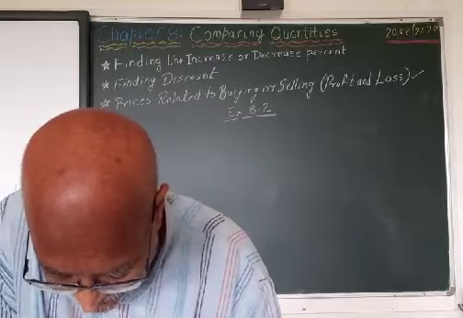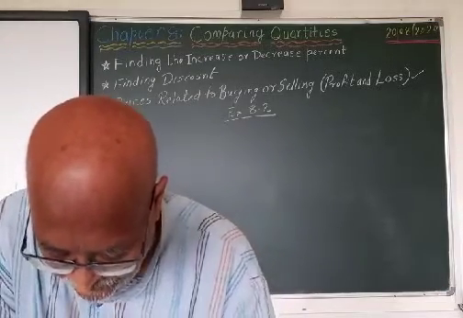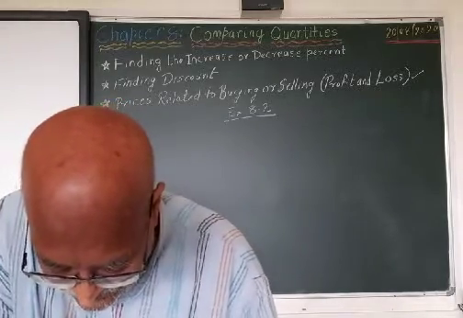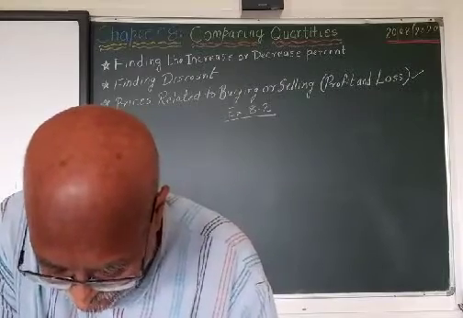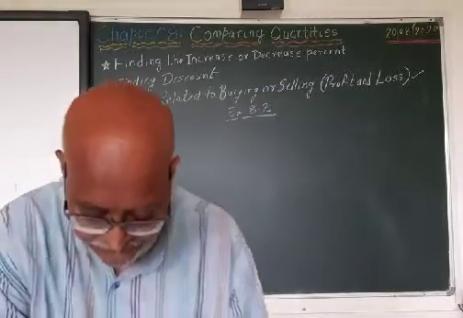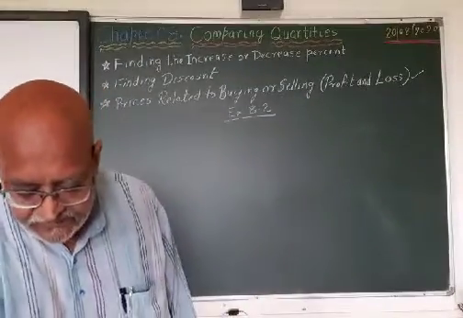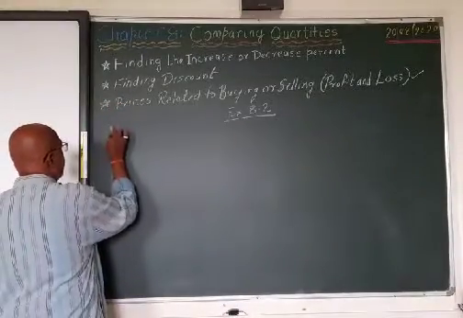On Sunday, 845 people went to a zoo. On Monday, only 169 people went. What is the percent decrease in the people visiting the zoo on Monday? Now, I will write the second example here.